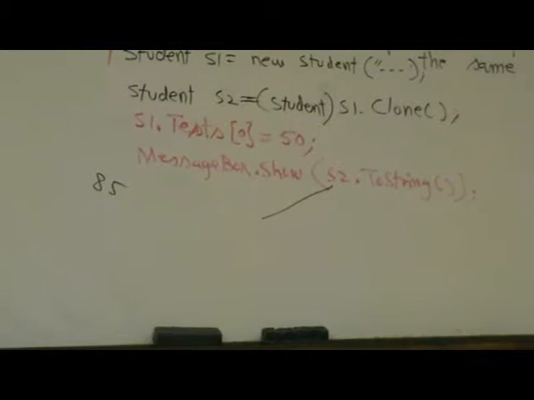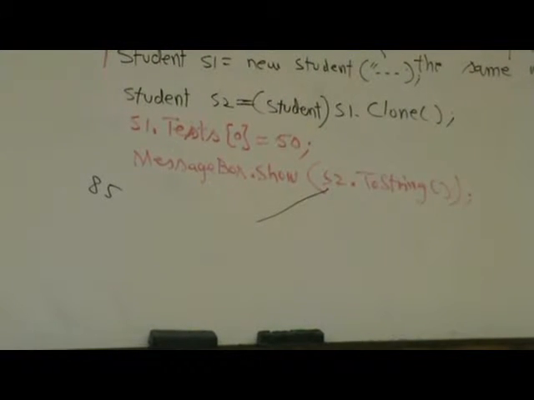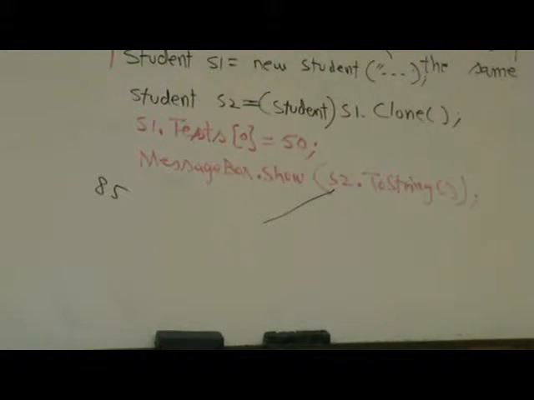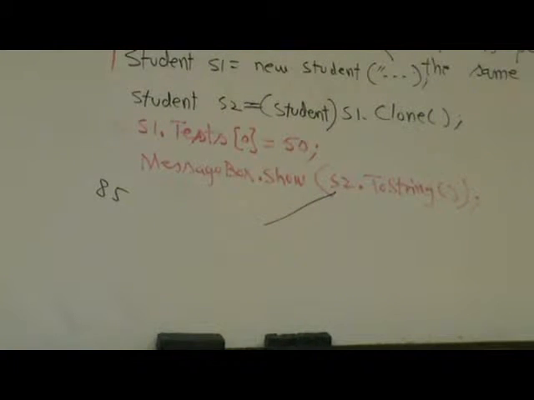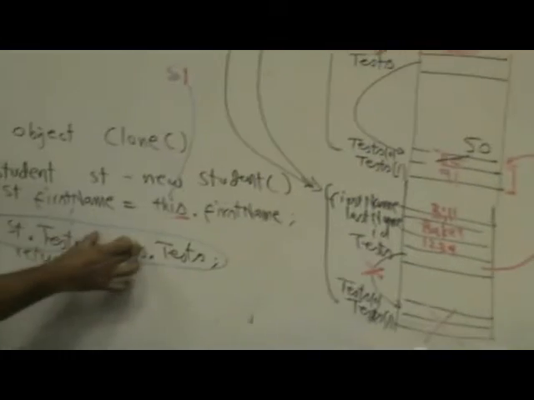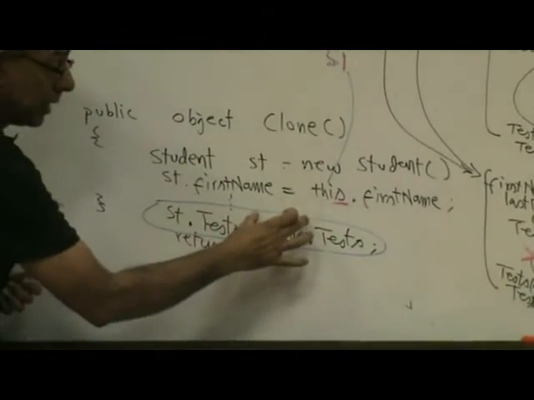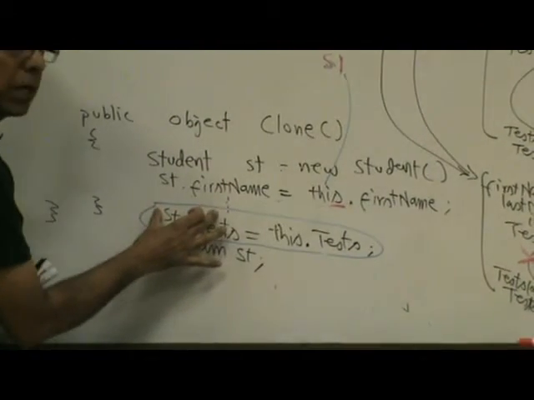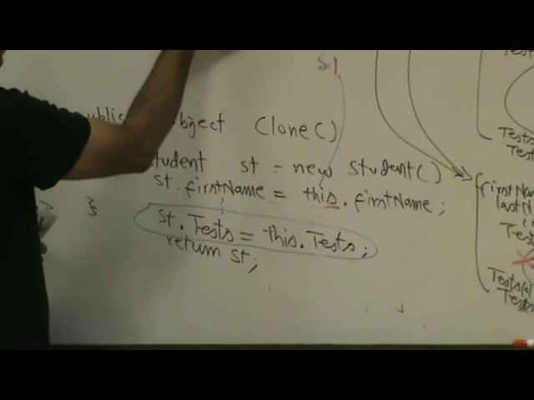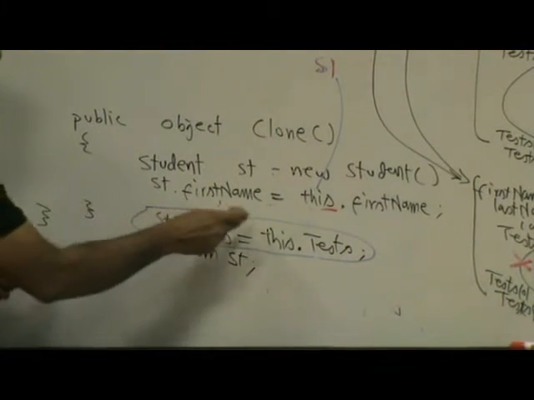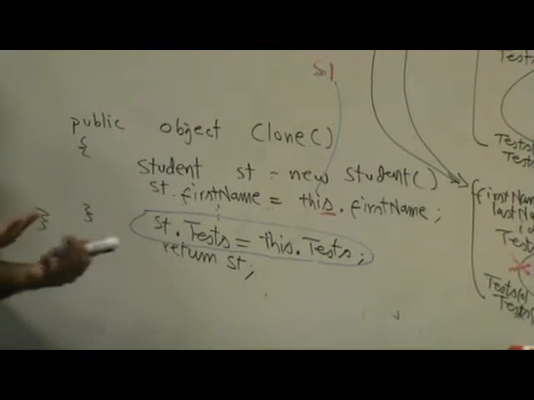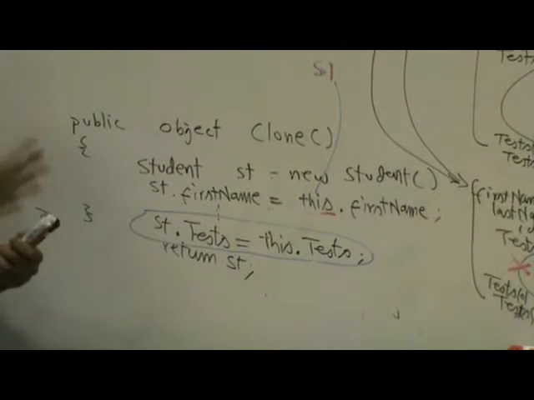Is that what we wanted? No. We wanted it so that if you change S1, it should not affect S2 or vice versa, right? The problem is because we were trying to assign one reference type to another. So if a class contains reference types, you cannot simply assign them, otherwise it will be what's called shallow copying.